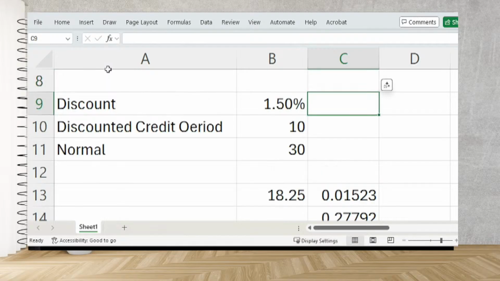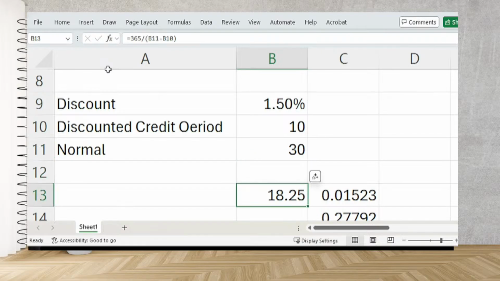Means how am I applying this formula? See, we are paying 20 days in advance. So how many cycles are we using? Means per cycle 20 days. Okay, so the number of cycles we can calculate as 365 divided by normal credit period minus discounted credit period.